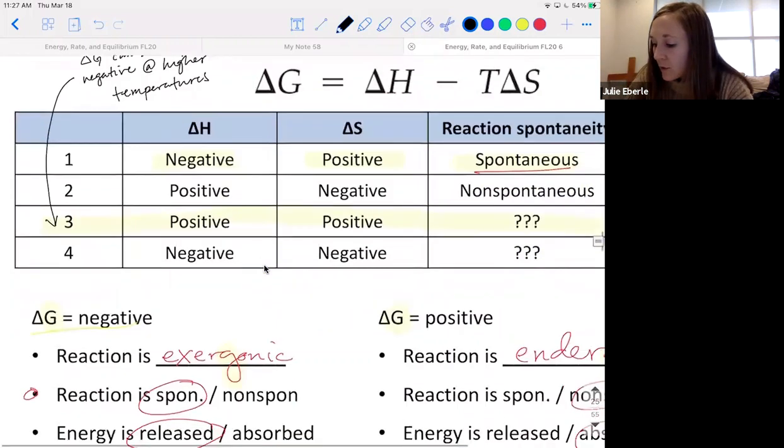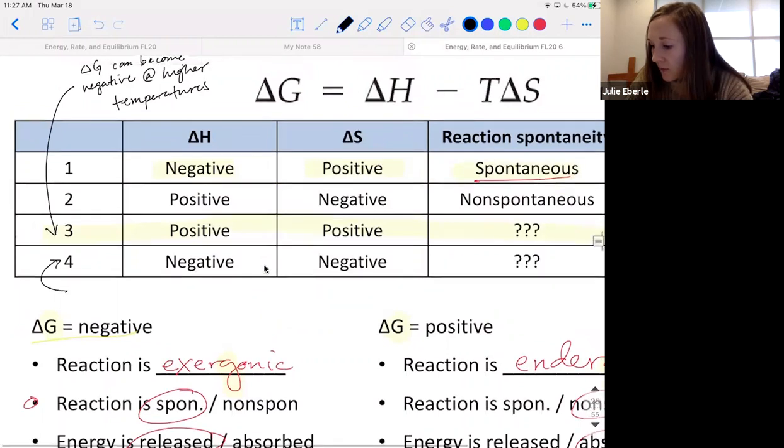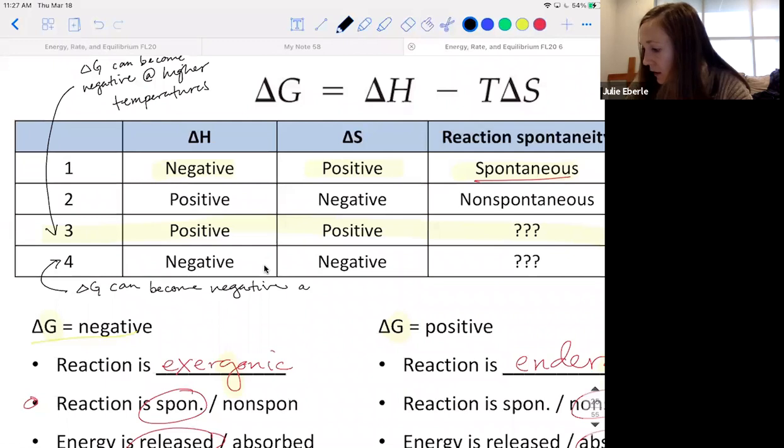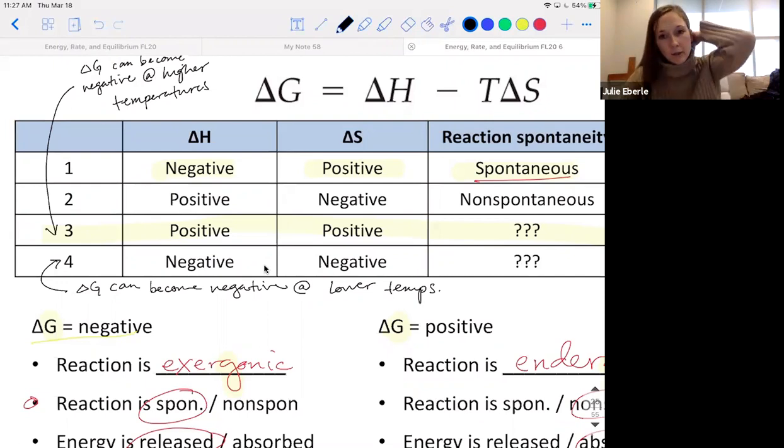And then scenario 4, when it's negative, negative, the opposite is true, which is that delta G can become negative at lower temperatures. Okay, you tend to have a favorable reaction the lower the temperature is. Okay, a negative delta G.